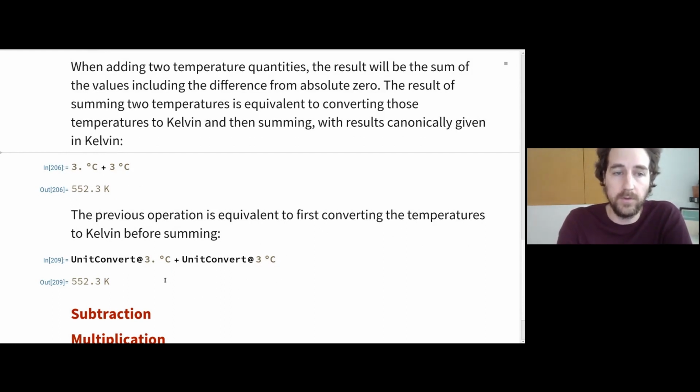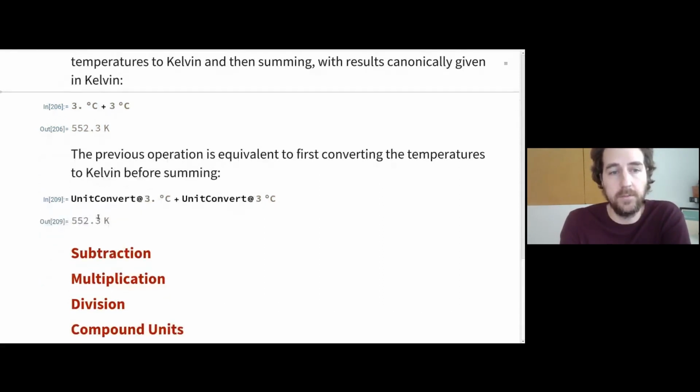So we get the same result here, adding 3 degrees Celsius plus 3 degrees Celsius. And the point here is just to make sure that this doesn't transfer into multiplication. So we get the same result whether we convert to Kelvin or not. And we return in Kelvin to avoid ambiguity in what the interpretation of the input is.